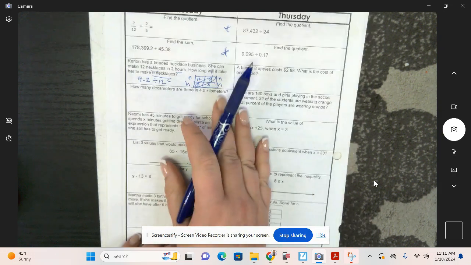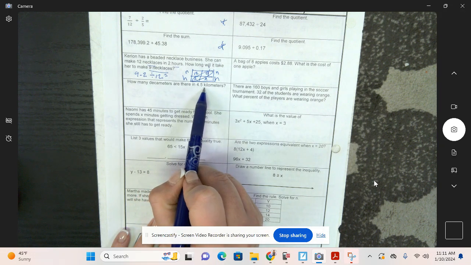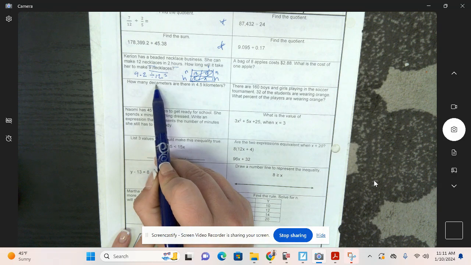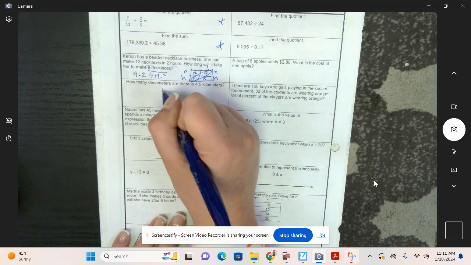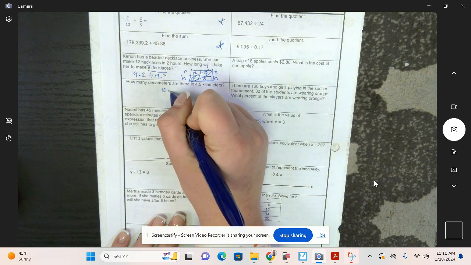Okay. Next we have, how many decameters are there in 4.5 kilometers? Well, a decameter is 10 meters.